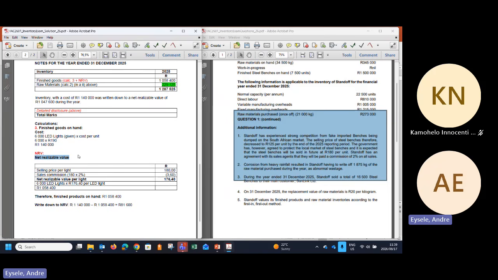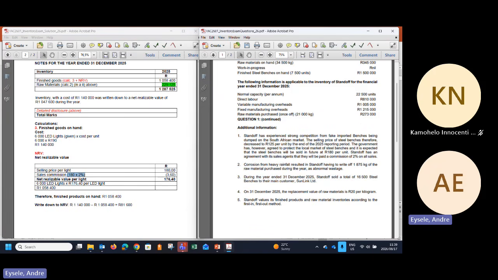Because we said we need to compare now the cost together with our entity-specific net realizable value. What is our entity's net realizable value? Well, they gave us 180 rand. Then we need to apply 2% of the sales commission, because that is what we will pay our sales agent, at 3.60 rand.